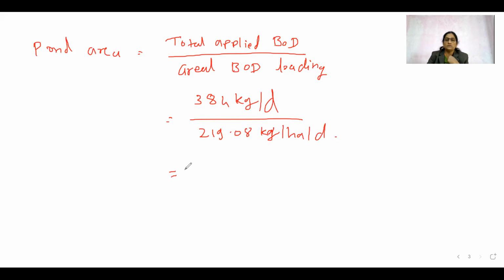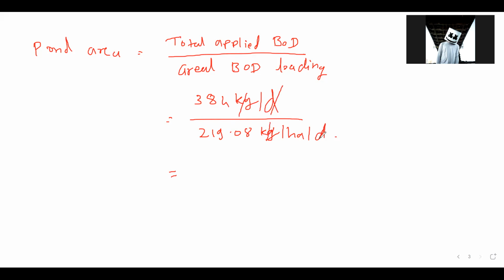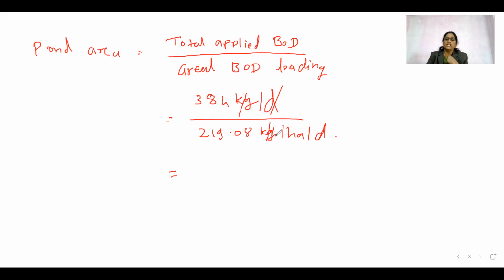So from that, kg gets cancelled, day gets cancelled, and hectare from kg per hectare comes to the numerator. Okay, so 384 upon 219.08 hectare. Please tell me the answer. 384 upon 219.08.